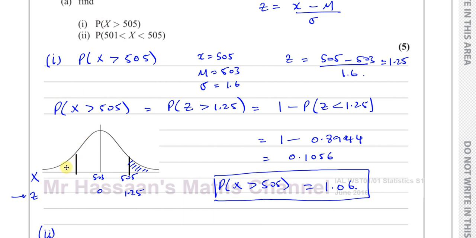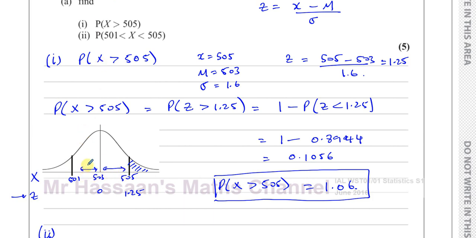Okay, so there's some symmetry here, some symmetry we can use in this question. All right, so let's just use that symmetry now. I can say that this is 501 and this is 503. That distance here and that distance here doesn't look the same because I haven't drawn it quite right, but those two distances are the same.